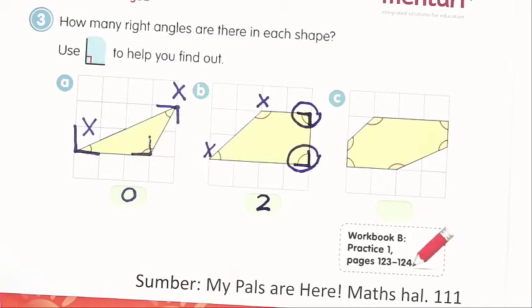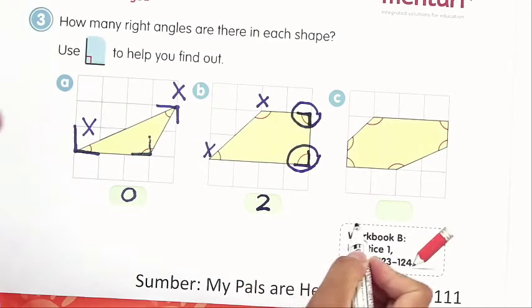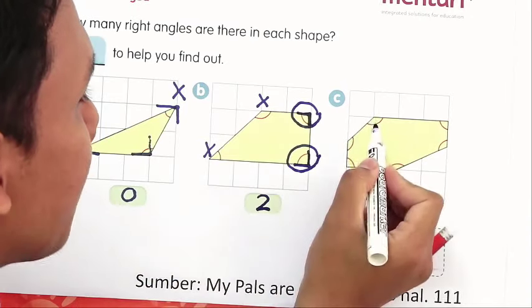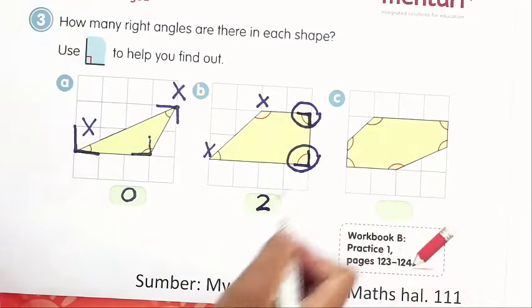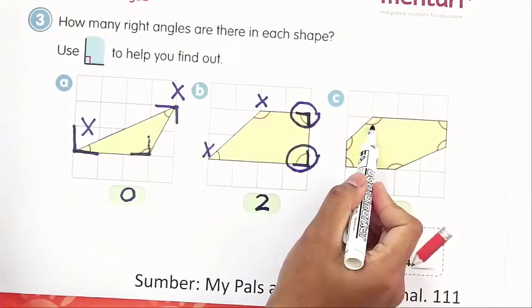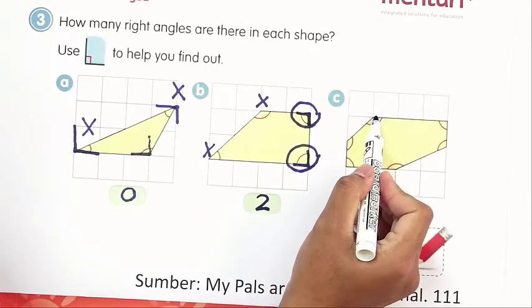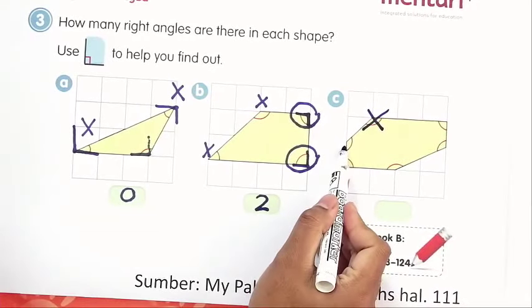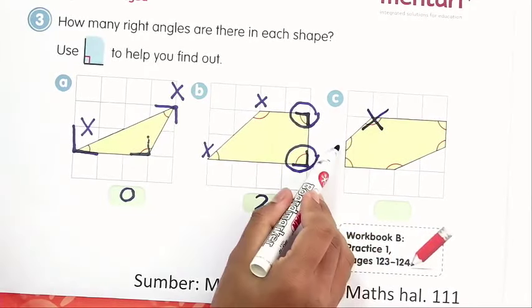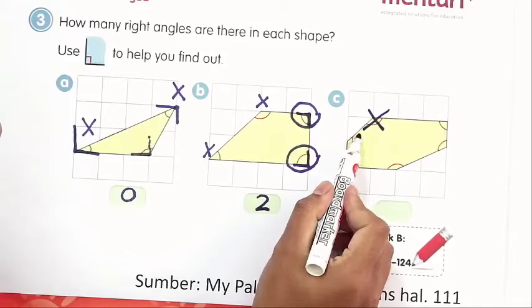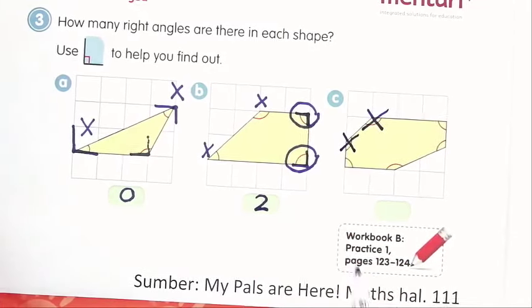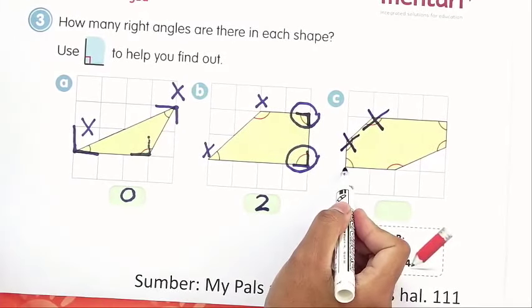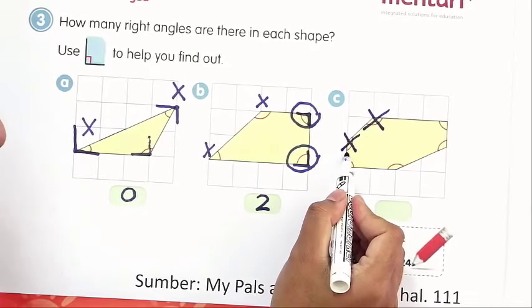Wow, there are lots of angles, and I think we need to check one by one. Now let's start with this angle first. Is it a right angle or not? No, this is not a right angle. And this, do you think it is a right angle? No, this is not a right angle. Is it a right angle? Yes, this is a right angle.